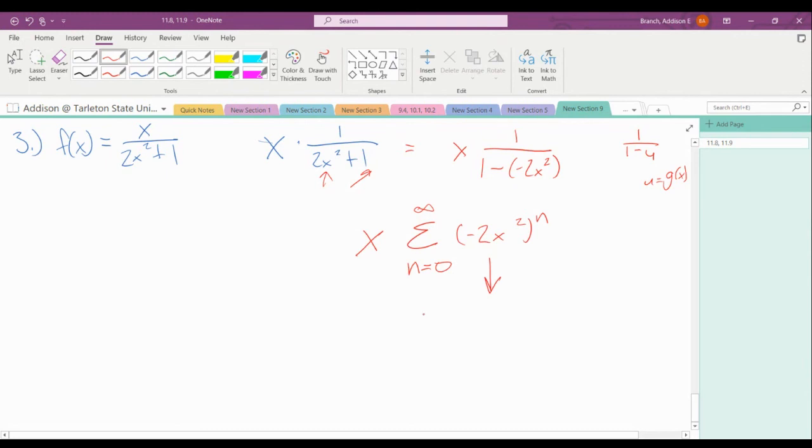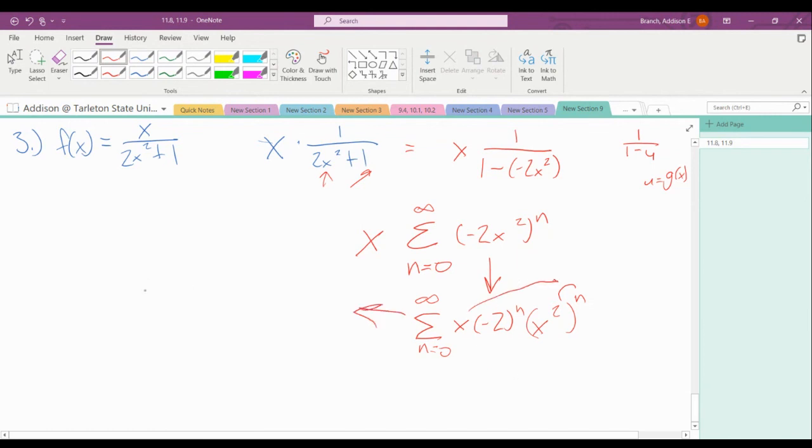We can move the x back over, and let's separate the 2 and the x squared. So we can say we have x times negative 2 to the n times x squared to the n. We can combine this 2 and n to get us 2n, and then throw this x over there as well.